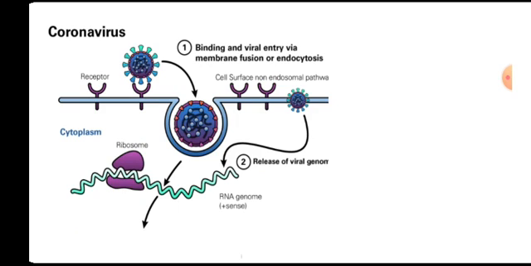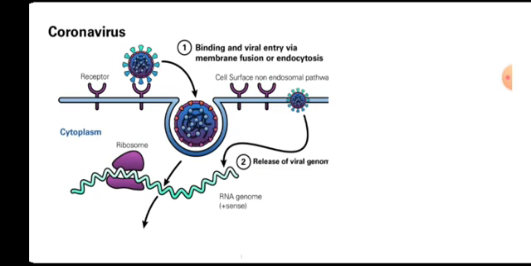So after the entry, this endosome releases the virus inside the cytoplasm, and then the protein and lipid coat of this virus, that is the envelope, gets destroyed. The capsid also gets destroyed in the cytoplasm, and this RNA is released inside the cytoplasm of the host cell, in this case an animal cell.